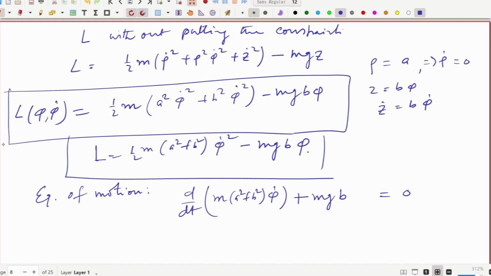So phi double dot will be minus mg b over a square plus b square, where m gets cancelled.